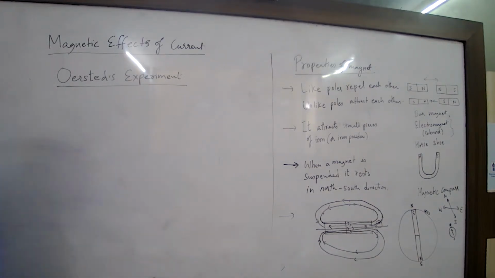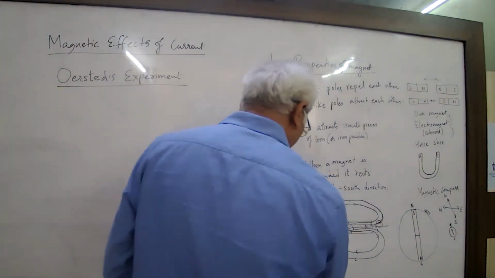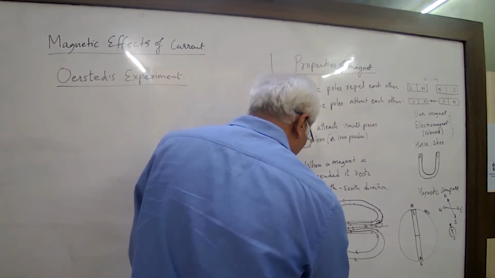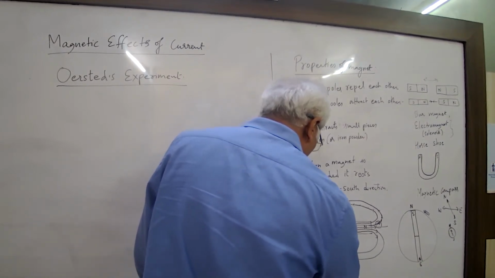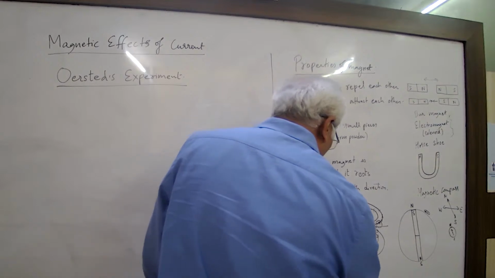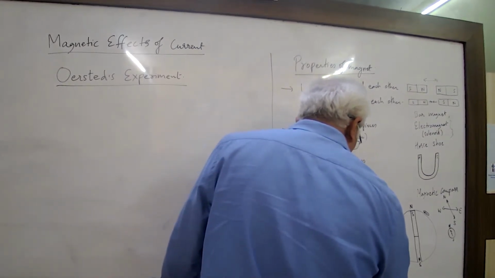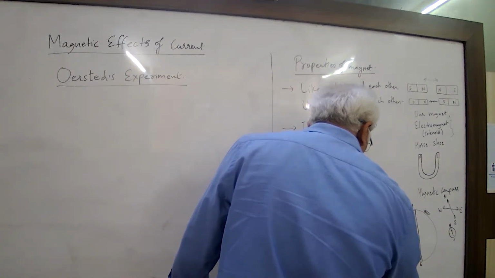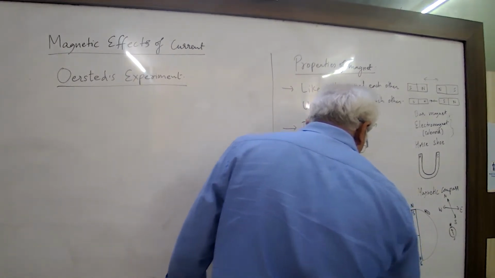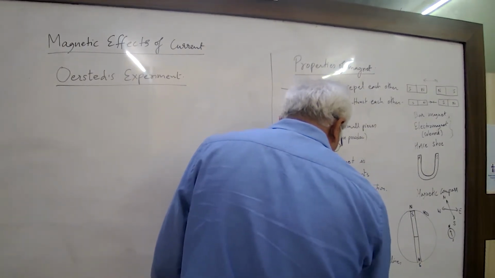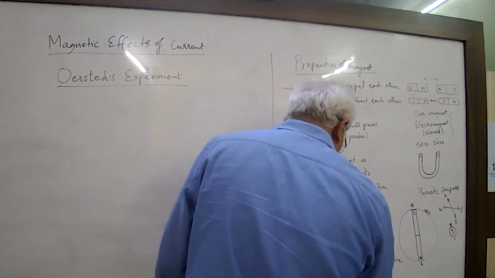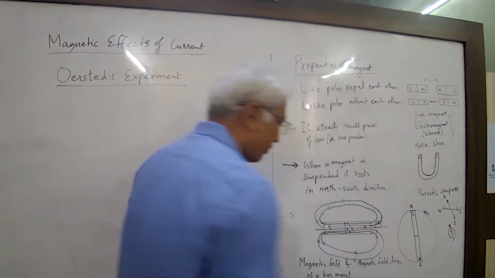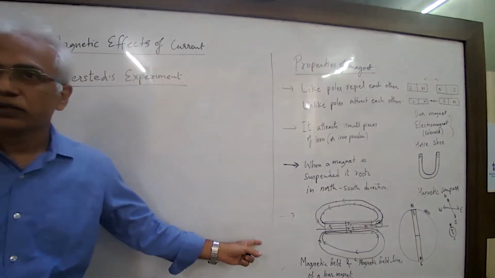Okay. So what did we discuss? We discussed the magnetic field and magnetic field lines of a bar magnet. We just discussed this.